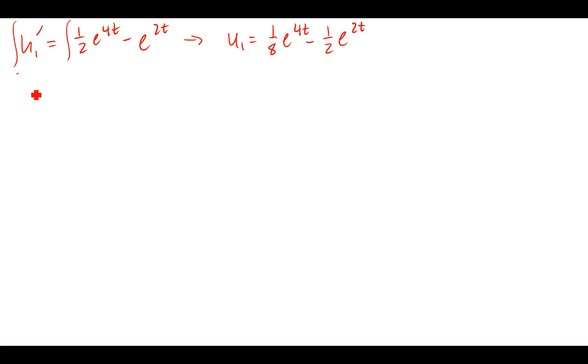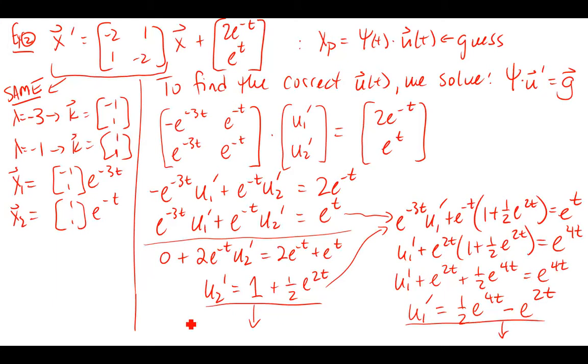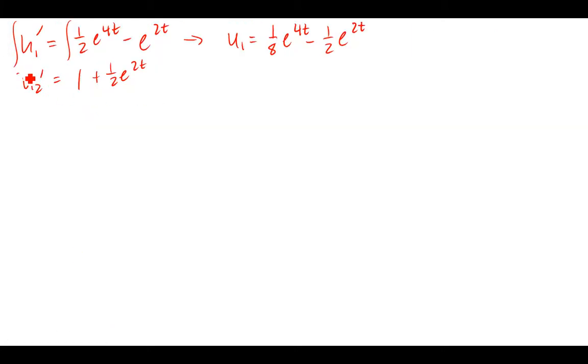I had u2 prime was 1 plus 1/2 e to the 2t. Just double check. Yes, 1 plus 1/2 e to the 2t, okay. And so now I'm going to integrate both sides of that. And so that'll say u2 is t, and then this guy is 1/4 e to the 2t.